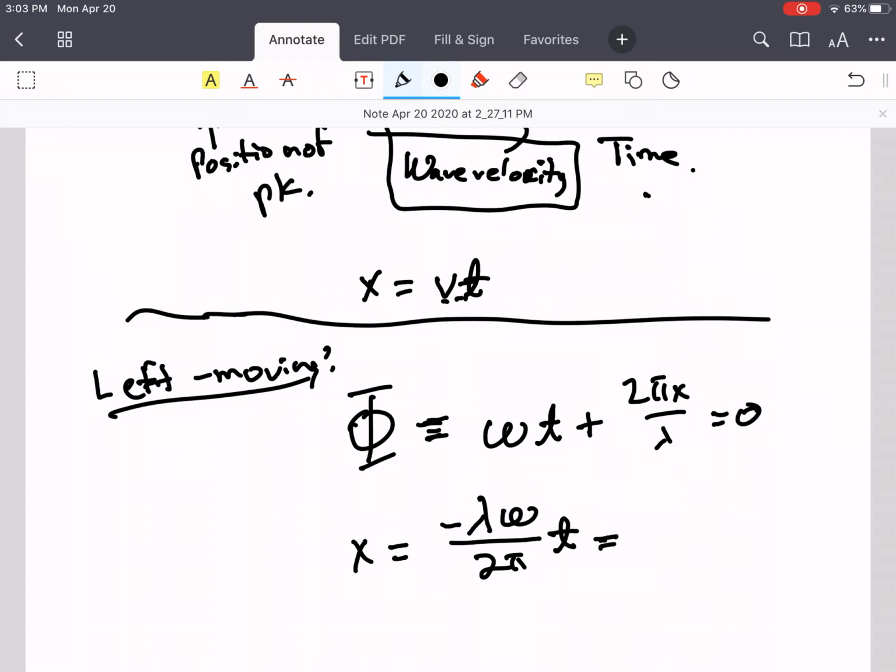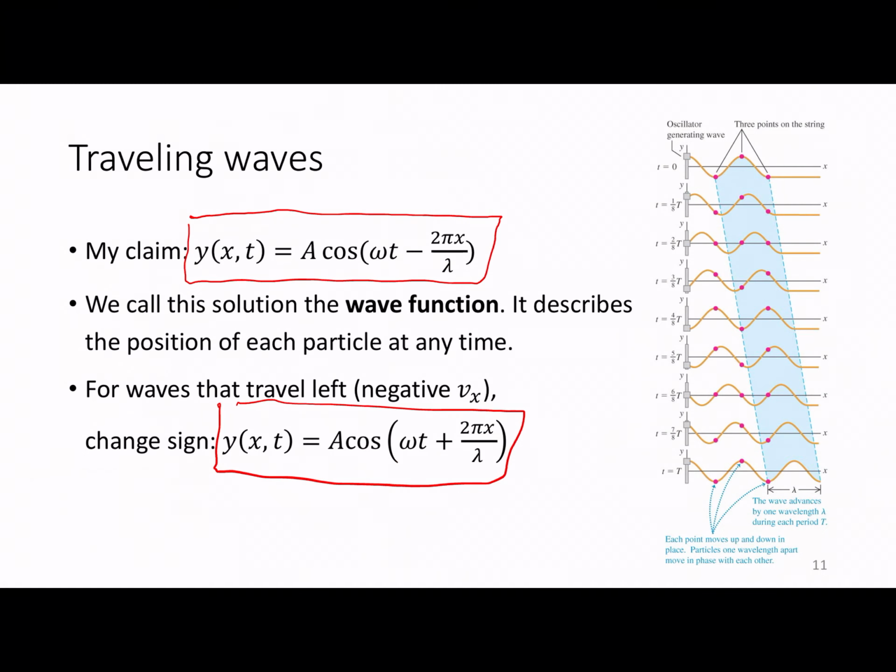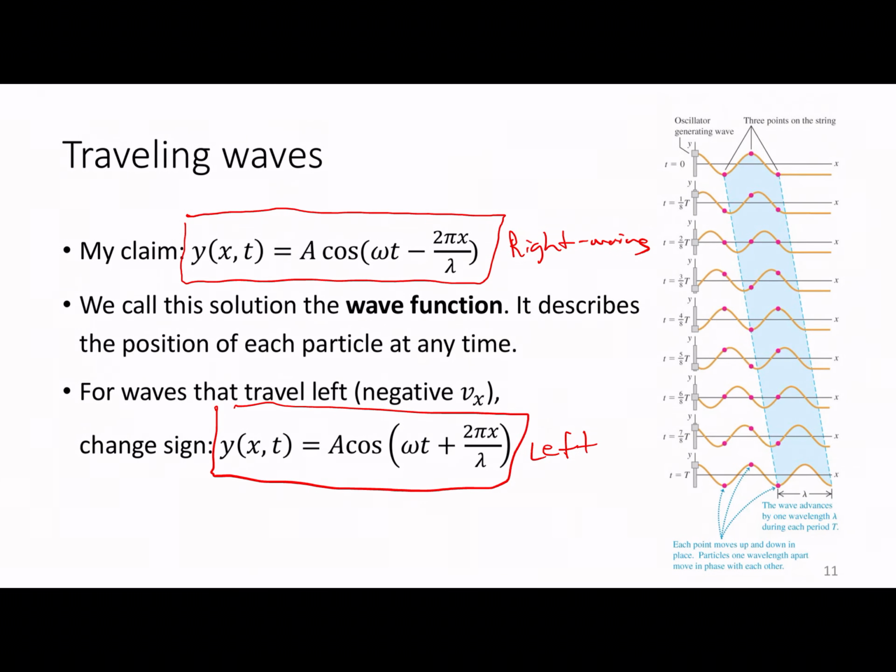You again substitute omega is 2 pi over T. This becomes negative lambda divided by T times time. In other words, the velocity is now negative because it's moving to the left. All right, so if you want to go from a right moving wave to a left moving wave, all you got to do is change the sign of that term in here.